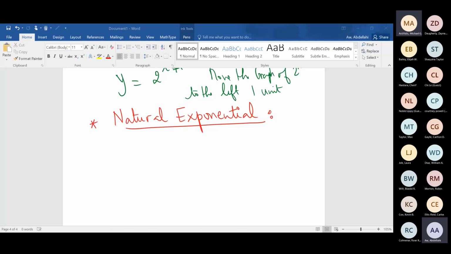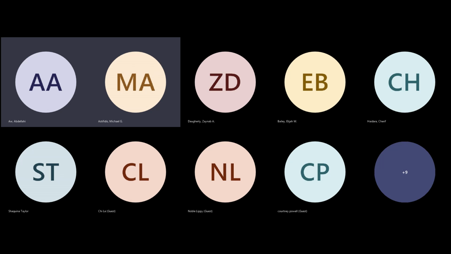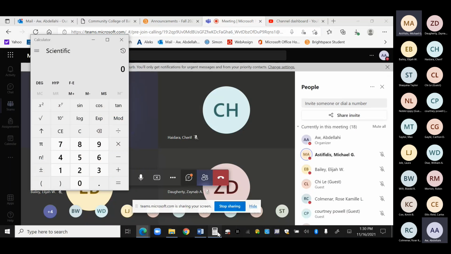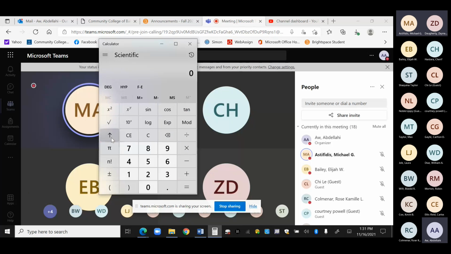Let me share my whole screen, so you can see my calculator right here. Everybody can see my calculator? If I do e to the 1 power, that is the number e.